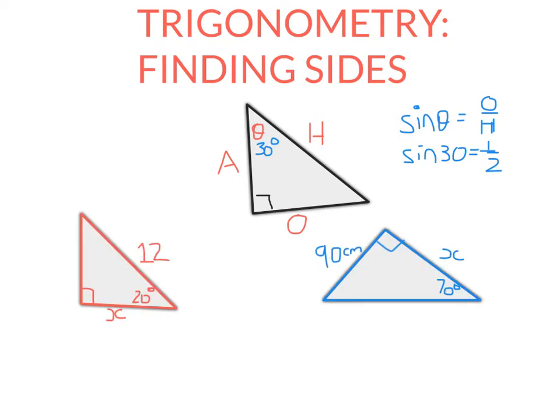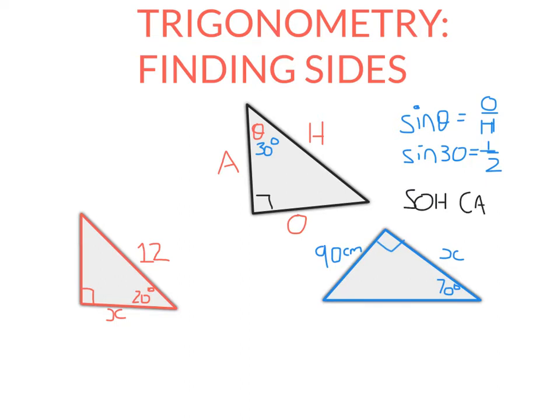So let's look at these two triangles, and in each case we're going to find the value of x. So when you're finding an unknown side, you first need to decide which ratio am I going to use. So here, if we look at this 20-degree angle, we have the adjacent side and the hypotenuse. So remember the acronym we went through last time, SOHCAHTOA?